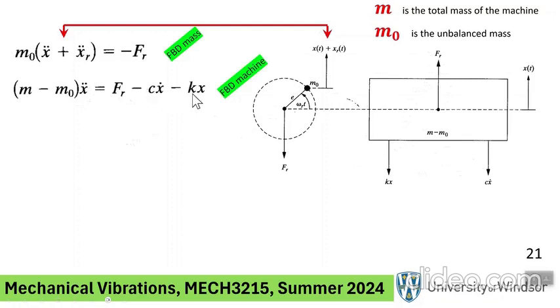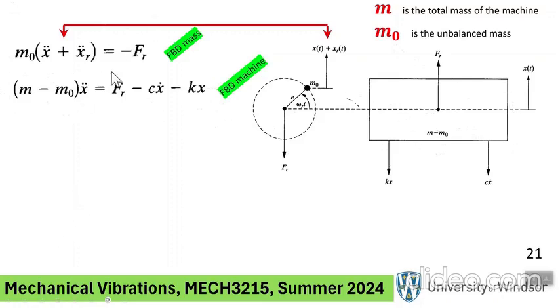So it's going to be minus kx minus cx dot. This is the free body diagram. This is the equation of motion for the vertical displacement of the rotating component, and this is the equation of motion for the vertical displacement of this box.